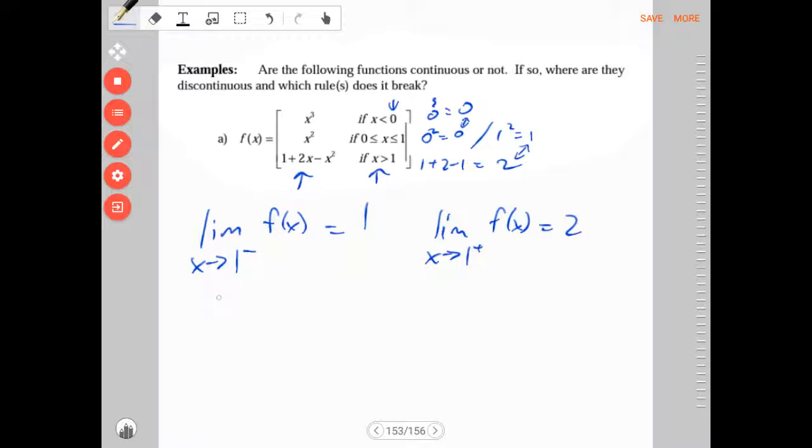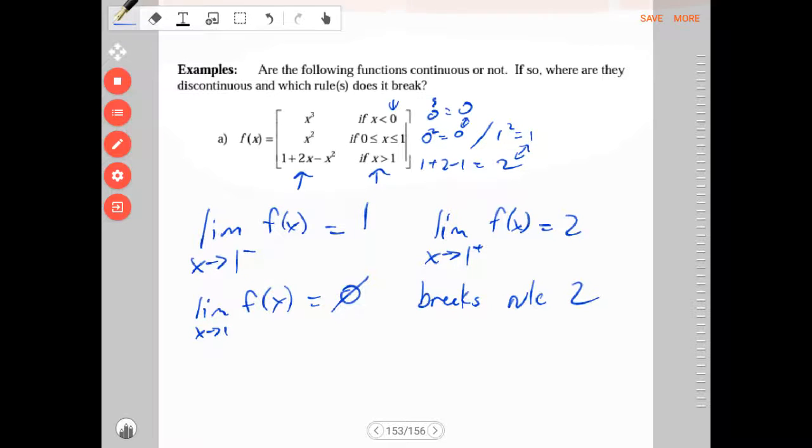Well, what that means is the limit as x approaches 1 of f of x is undefined. Wait a sec, the limit has to exist for this to be continuous. So this breaks rule 2. The limits don't work at x equals 1.